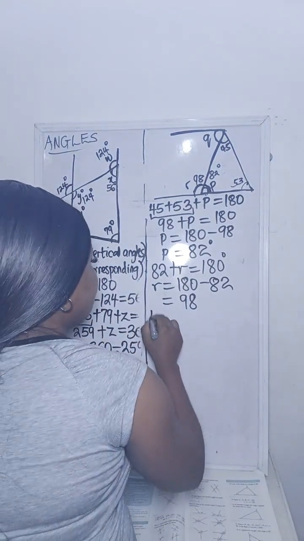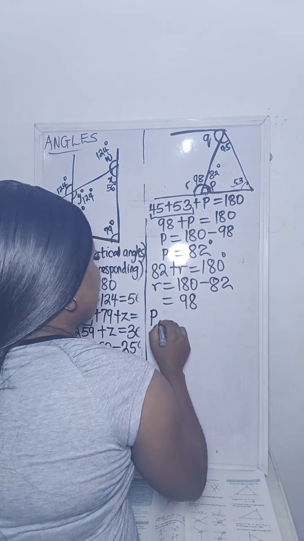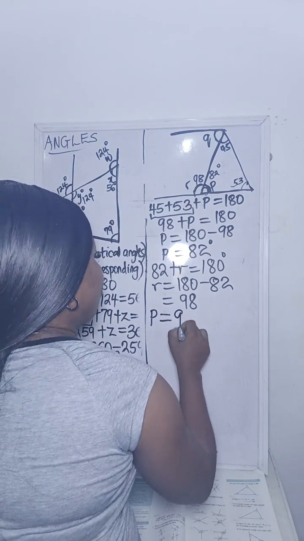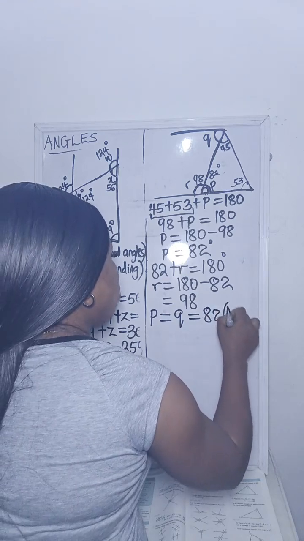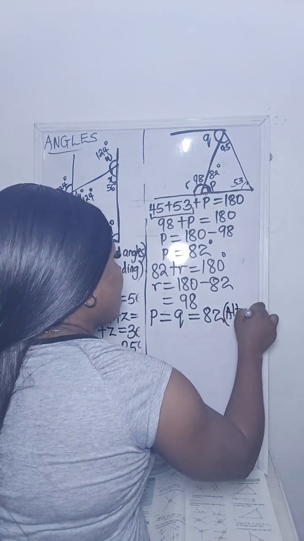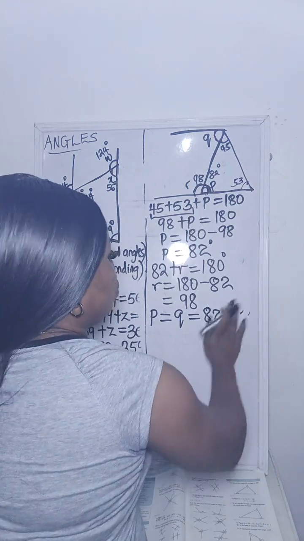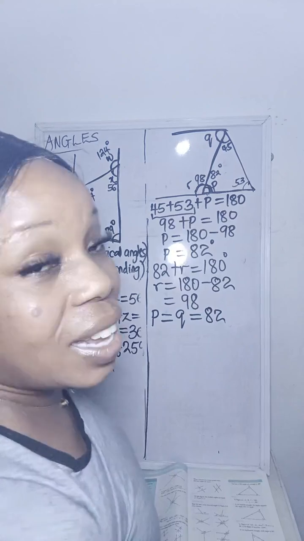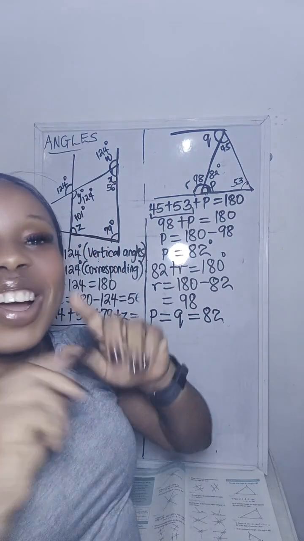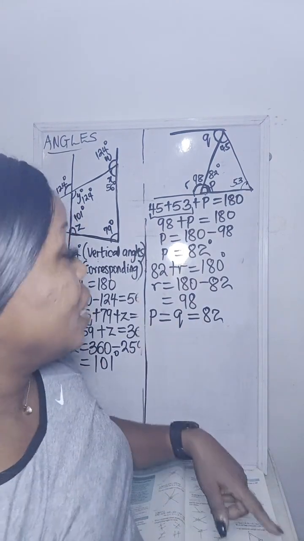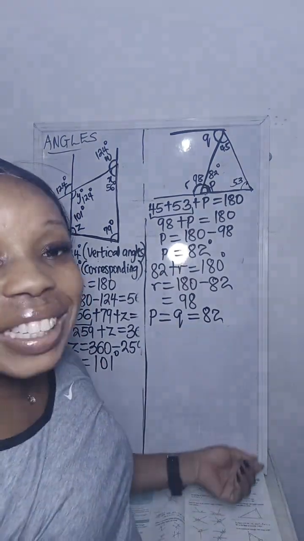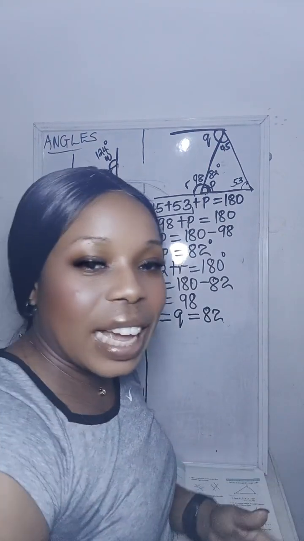So P equals Q and Q equals 82. Sorry, I don't have space. Alternate angles are equal.